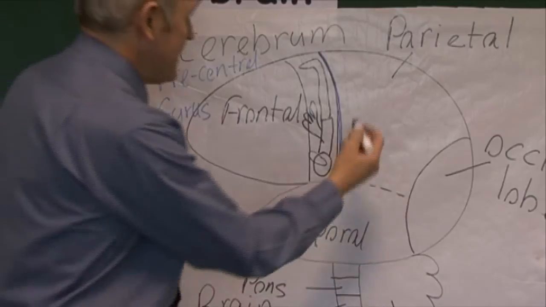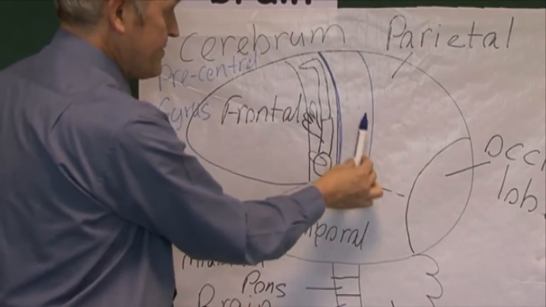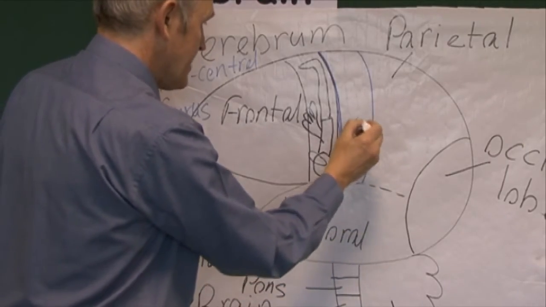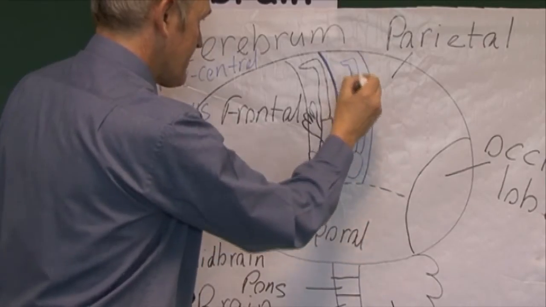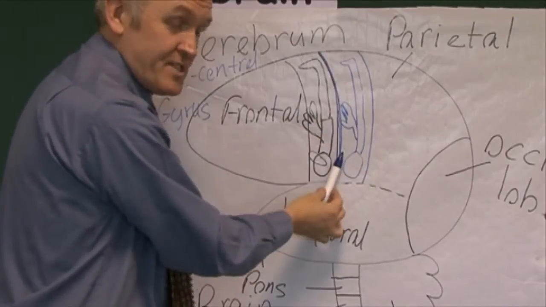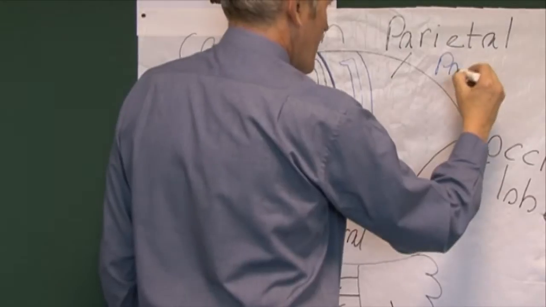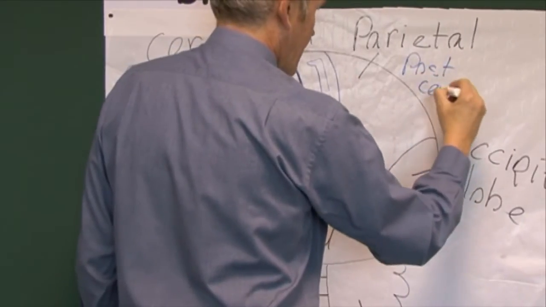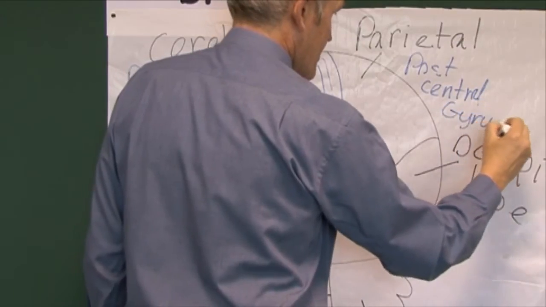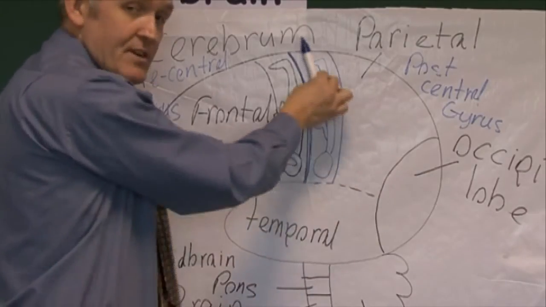But then just behind this, in the first part of the parietal lobe, there's another small man, another homunculus. But this one is in the sensory cortex. This is called the postcentral gyrus, because it's after the central sulcus, and this is the sensory cortex.